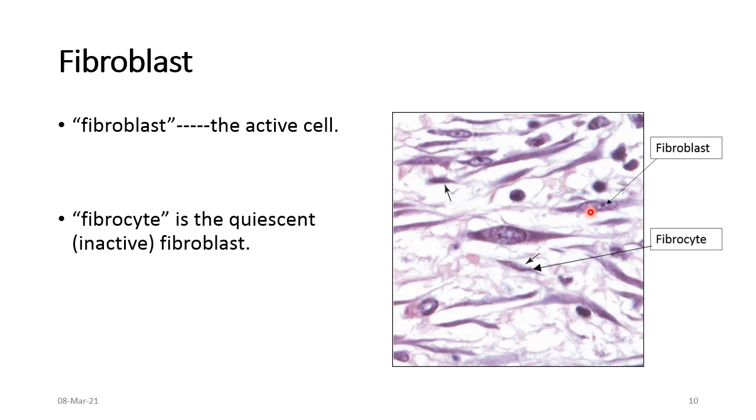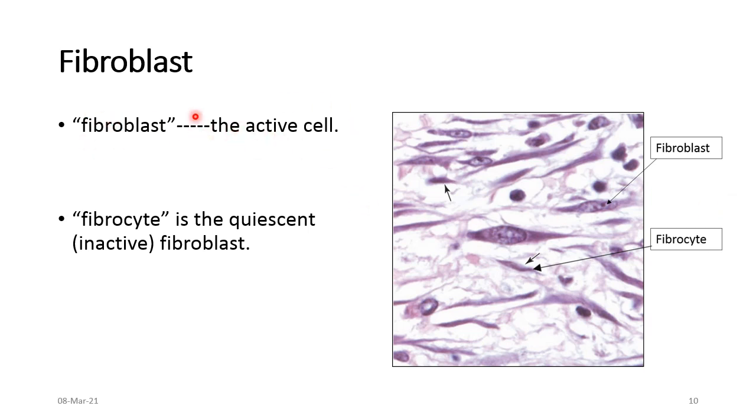You'll see this is a fibroblast with a large euchromatic nucleus, and the fibrocyte is smaller with a darkly stained heterochromatic nucleus. And also this fibrocyte, the smaller cells. The larger cells with cytoplasmic processes is the fibroblast.